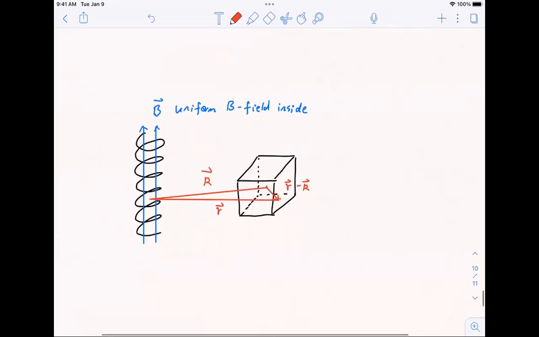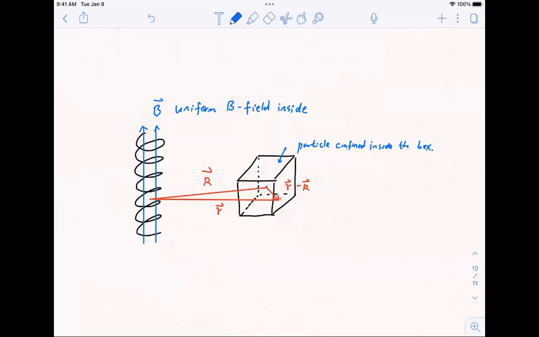Okay, and then you consider this box, the particle is going to be confined within this box. You just build an artificial box. The particle is confined inside the box.